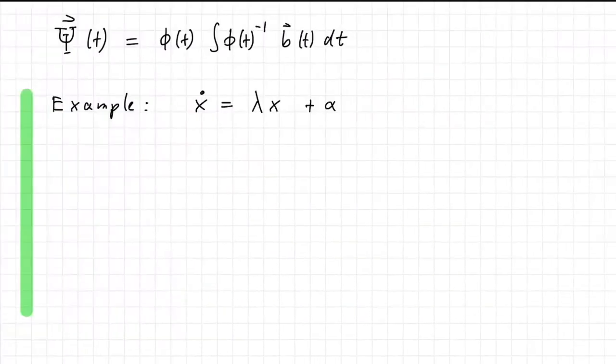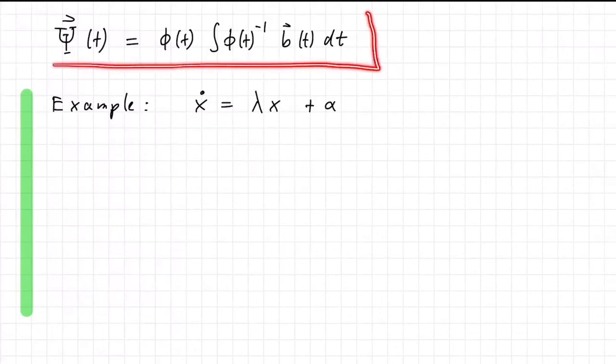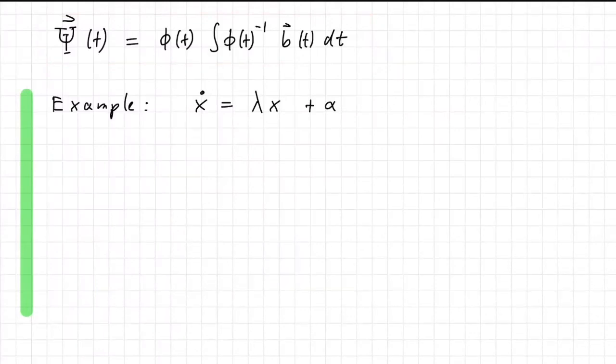So there we can do this still very explicitly. So here I just repeat what we were just deriving before, the general expression for finding the solution of the inhomogeneous equation. So I apply this now to an example where I use a differential equation we had before, namely x dot equals lambda x, where we already found the solution to the homogeneous problem before, plus alpha now.